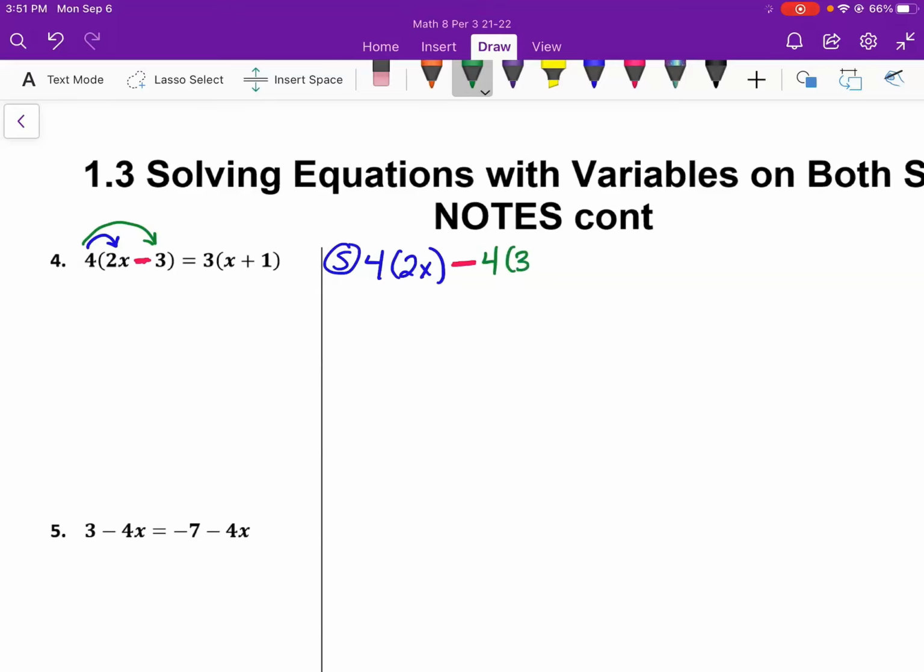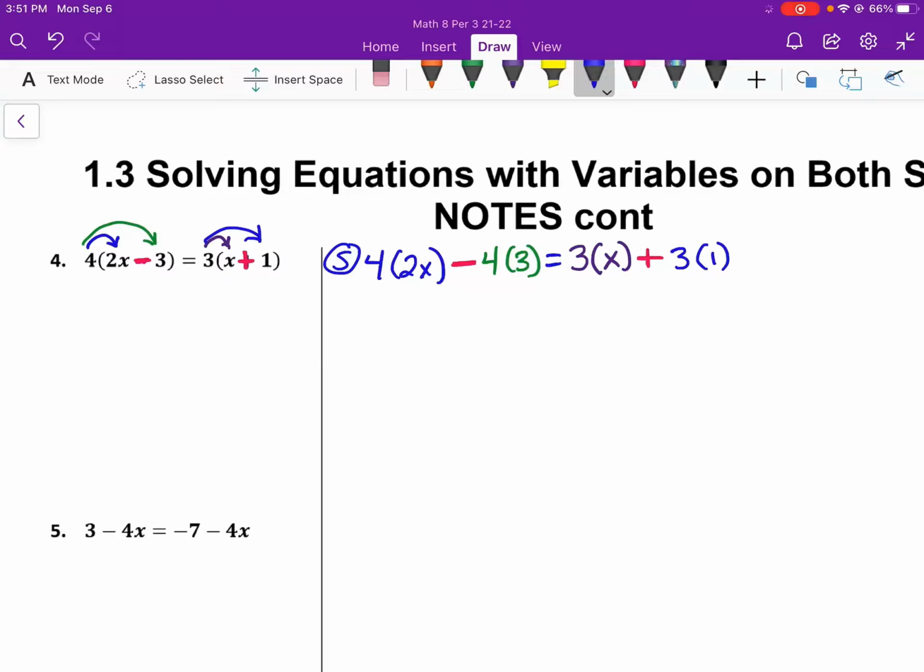And then 4 times whatever's inside parentheses stays inside. I know you think I'm doing too much, but trust me, I promise you, if you just do it this way, you will make fewer mistakes. 3 times whatever's inside parentheses stays inside. Bring down the sign. And then 3 times whatever's inside parentheses stays inside.